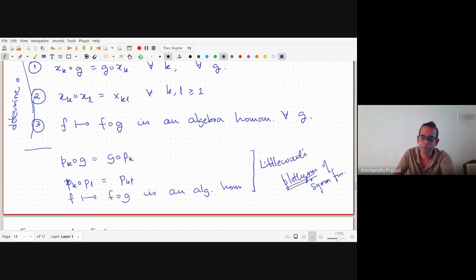This would be familiar to those of you who work in algebraic combinatorics. This is Littlewood's Plethysm operation.